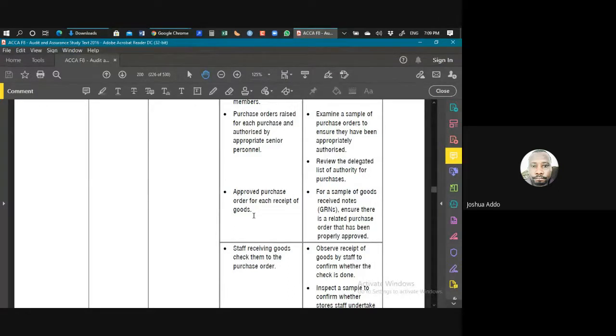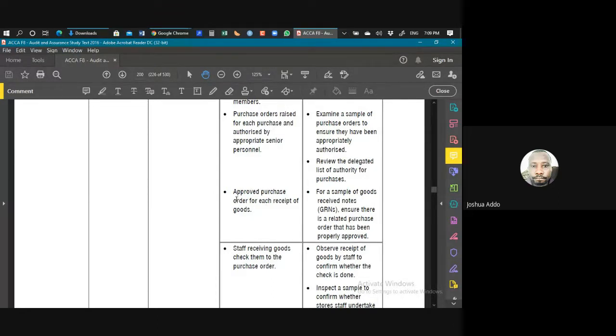That's where, when we were discussing yesterday, we said that the purchase order form can be made to have some security features, not too many, but at least they can be serially numbered so that when the series is broken, it can give us an alert that something is happening.